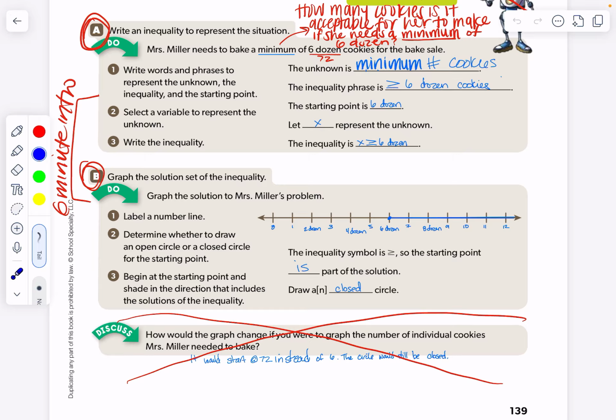Again, you do not have to use the language of 6 dozen. You can skip count by 12. So 0, 12, 24, 36, and then you would start at the 72 mark and then draw your inequality. Because she can potentially bake 72 cookies, it has to be a closed circle.